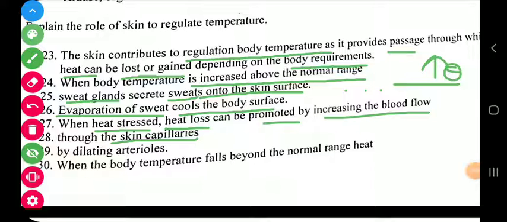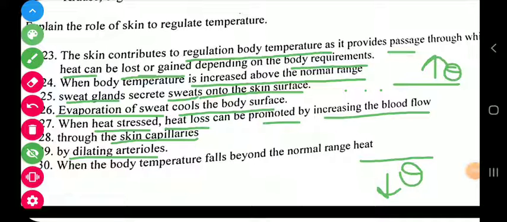How can we increase the blood flow through the skin capillaries? By dilating arterioles. By dilating arterioles, you can increase the blood flow through the skin capillaries. Now when the body temperature falls beyond a normal range, now we are coming back. When the body temperature falls beyond the normal temperature.